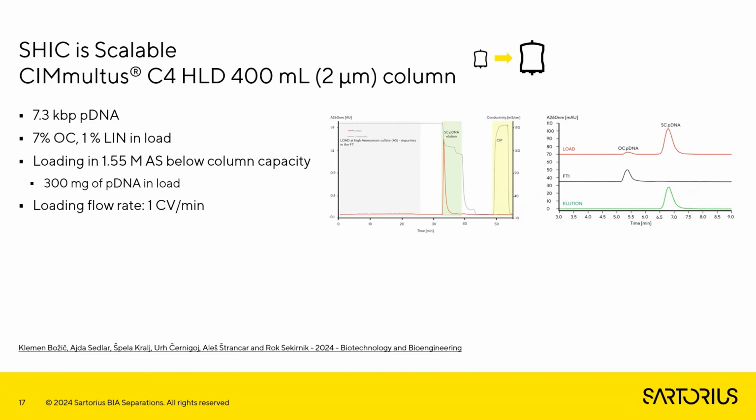This time we only loaded up to approximately 50% of column capacity, so there was no second breakthrough, and still we can see from the PAD-fix chromatograms that eluate is pure supercoiled, while open circular and linear species were removed during the loading phase. So elimination of impurities was successful, and our approach can be declared as scalable.